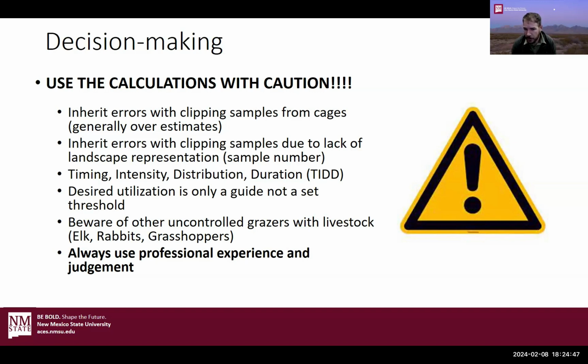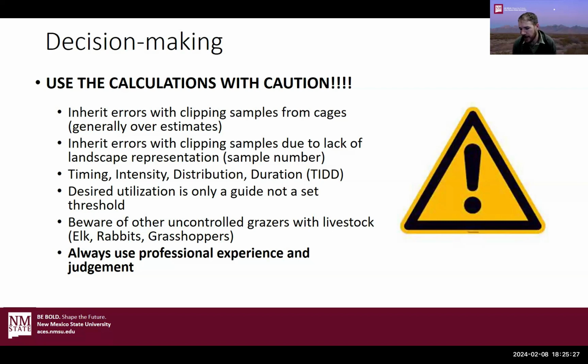You have to be representative, so keep that in mind, or your numbers don't tell you anything. I talked about this in the slides, being conscious of timing, intensity, distribution, and duration of your grazing animals. Depending on your strategy with these different things will depend on what you do with the numbers and how they come out at the end of the year or the end of the month, whenever your grazing duration is.